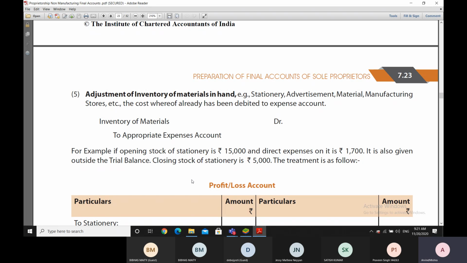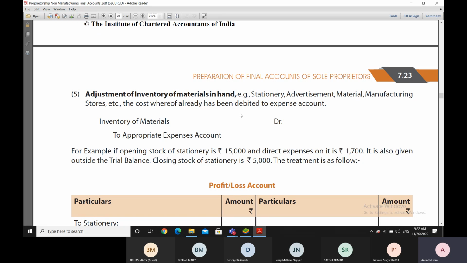There are some inventories of materials that are being debited to the expenditure account, and while valuing the inventory, they have been included in the inventory.